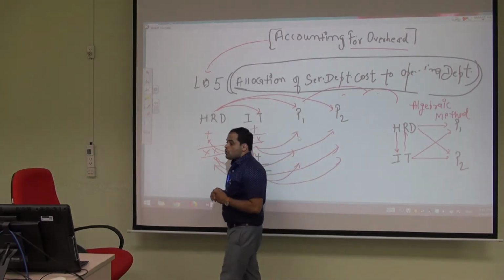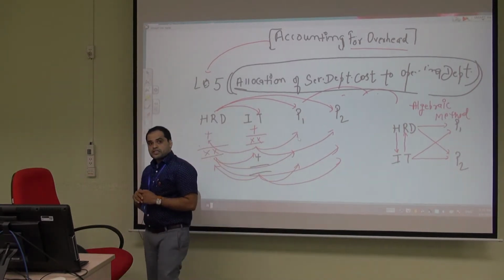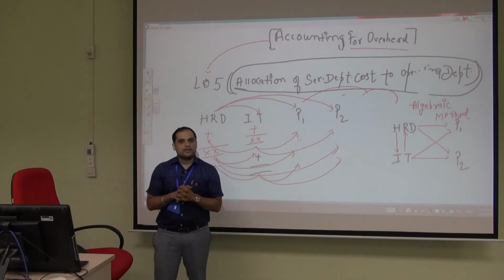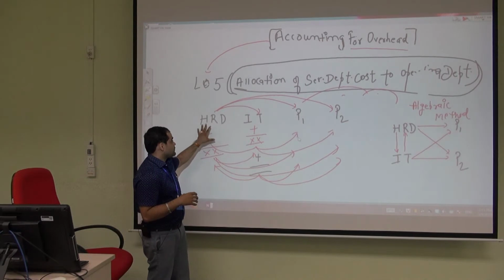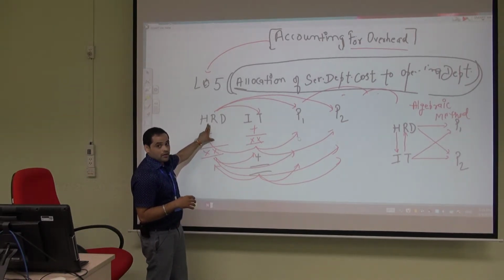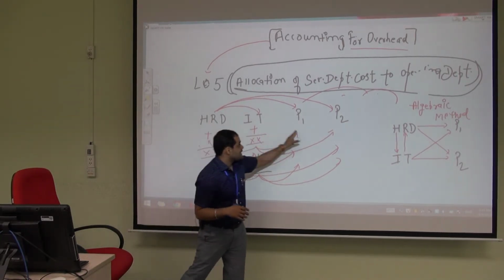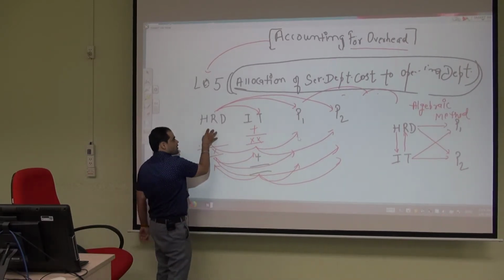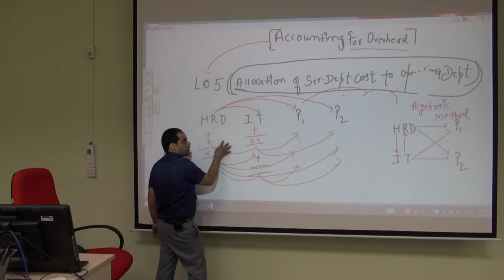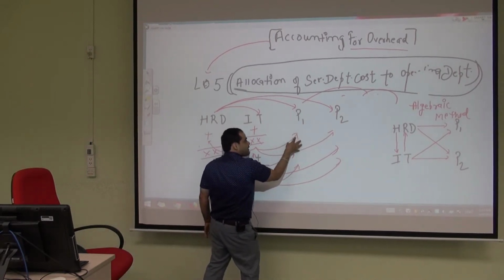But in your direct distribution and step down method, you can allocate all cost one time. So let's say human resource department is providing services to this and this, and human resources is not taking any services from IT. So whatever number you have here, you allocate here, here, and here.